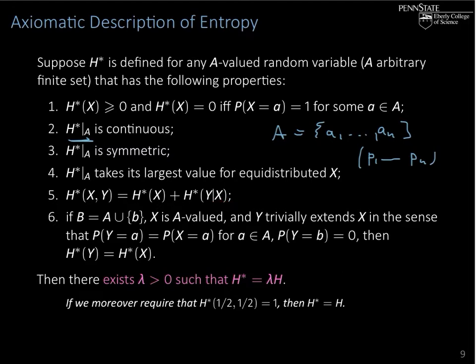And then we also have property number 6, which we haven't explicitly observed yet of the entropy function, but which is very easy to see.